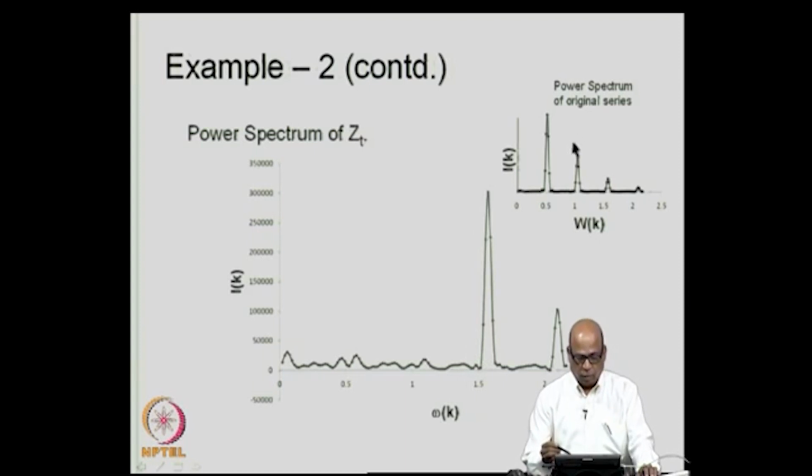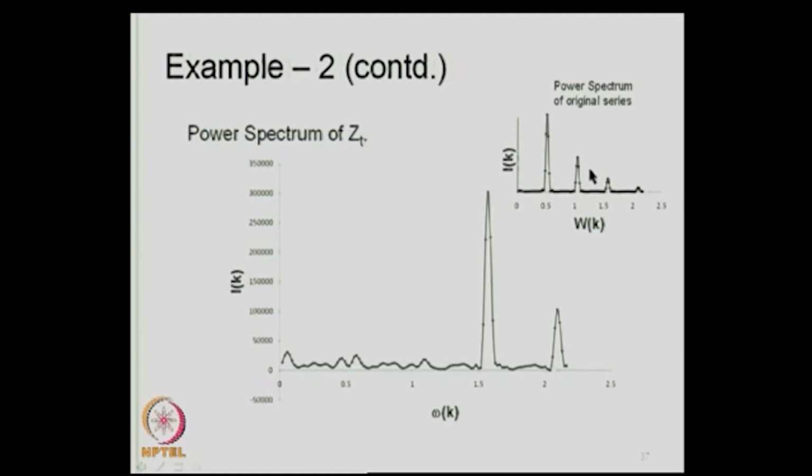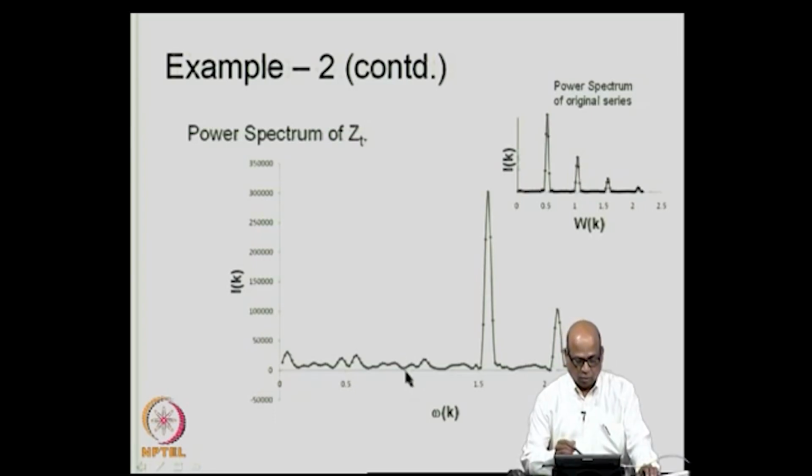The original power spectrum is shown here. In the original power spectrum, there was a peak at somewhere around 0.5, and there is no peak here because we have removed that. There was another peak at 1 point some value, which is also removed. This one corresponds to 12 months and this to 6 months, and both are not present here.